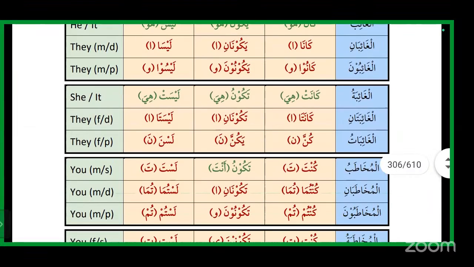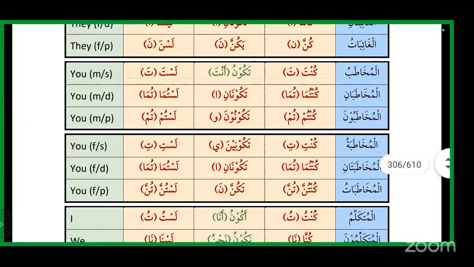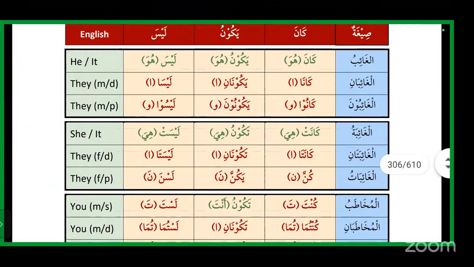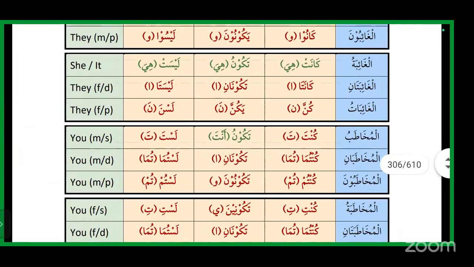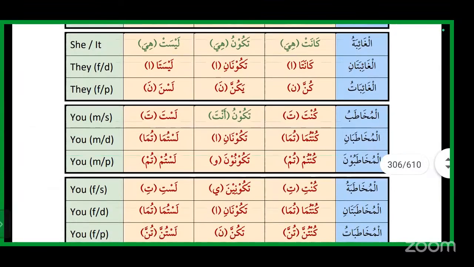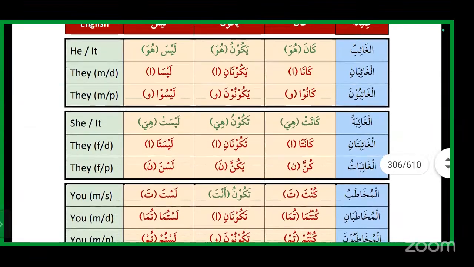Then in the fi'l al-mudari, there are 5 sigas that are mustatir: yakunu, takunu, anta takunu, ana akunu, and nahnu nakunu.